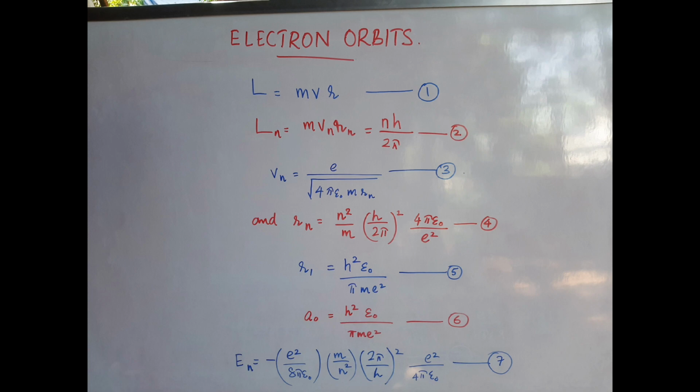The negative sign of the total energy of the electron moving in an orbit means that the electron is bound with the nucleus. Energy will thus be required to remove the electron from the hydrogen atom.